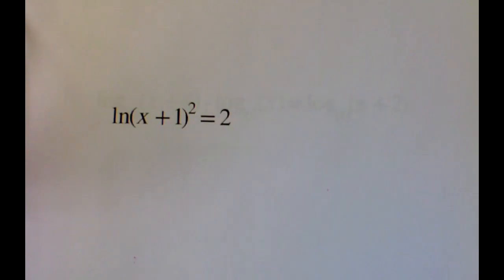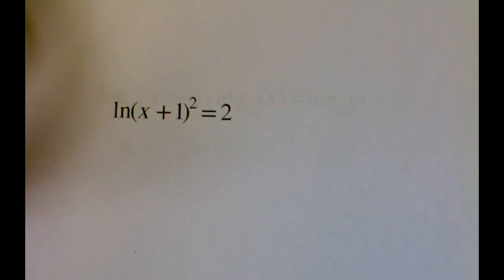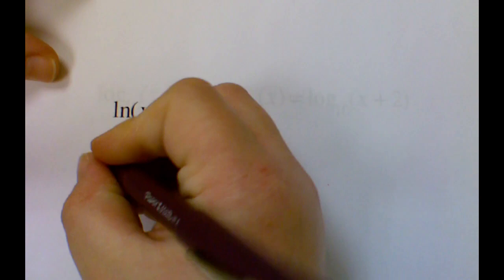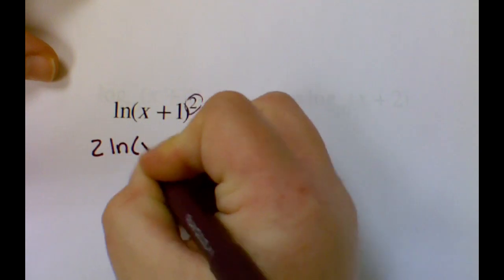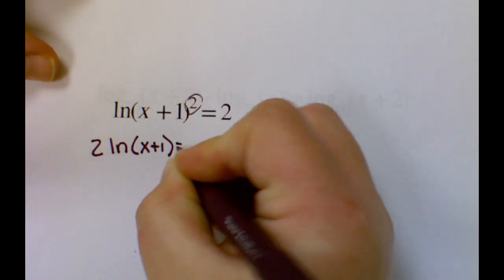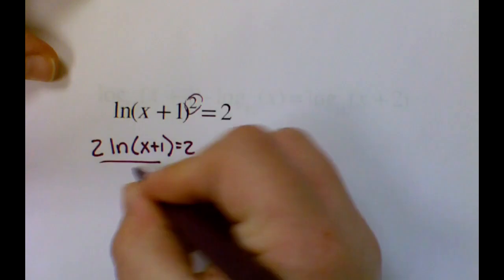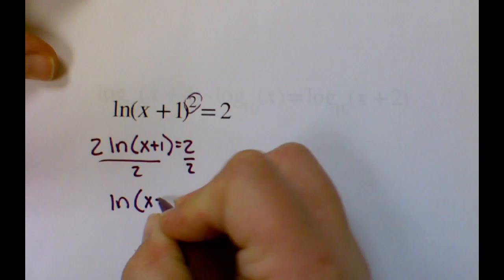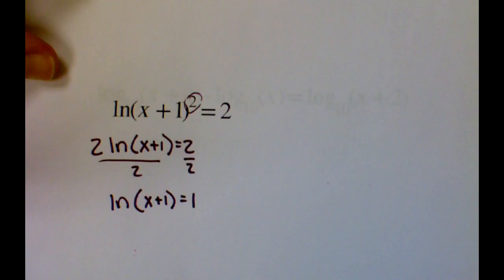And for a little bit more complicated of a problem, the natural log of x plus 1 squared equals 2. I would start this problem off by noticing that this power of 2 can be rewritten out front. And then I can divide both sides by 2, giving me the natural log of x plus 1 equals 1.